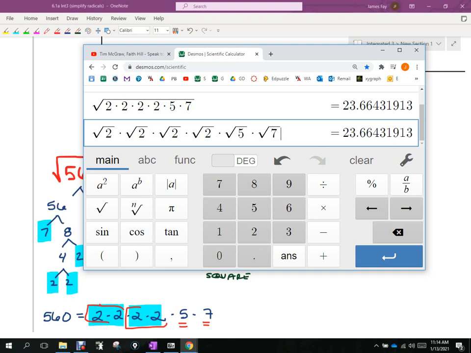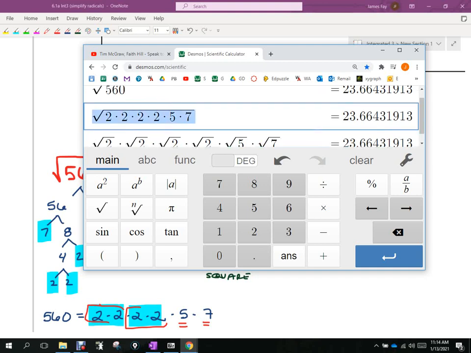Yeah. Okay. So what we see here is that the square root of a product, that's what we've got right there, 2 times 2 times 2 times 2 times 5 times 7, that's a product. The square root of a product is equivalent to the product of square roots. Does that make sense to everybody? The square root of a product is the same as the product of the square roots. So we can do this.